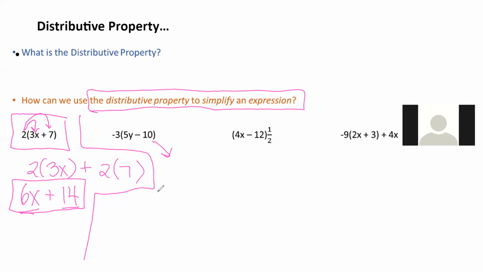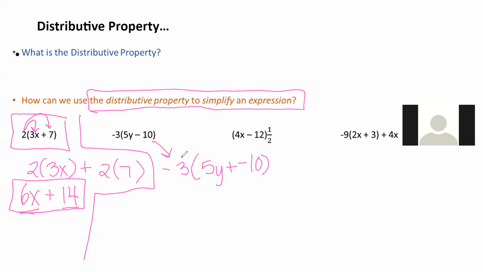Yes, Emma, you're right. I would change it to -3 (5y + -10). Instead of a minus 10, you can change it to plus -10. So you add a plus in there and just slide that negative onto the 10. Because that's what it means. Minus 10 is the same as plus -10. And it's just easier to keep your signs straight.